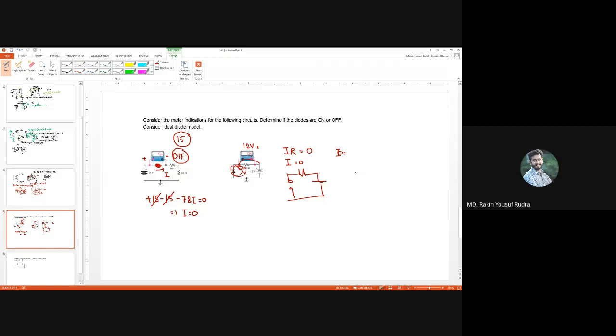In the first two, I is zero, so both are open circuit. Open circuit, yes. And let's generate one problem myself. Let's say we have 10 volt, and we have a resistor, and there is a black box which contains diode or diodes.